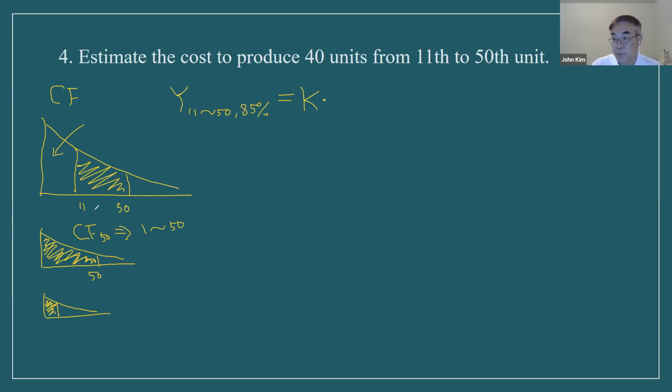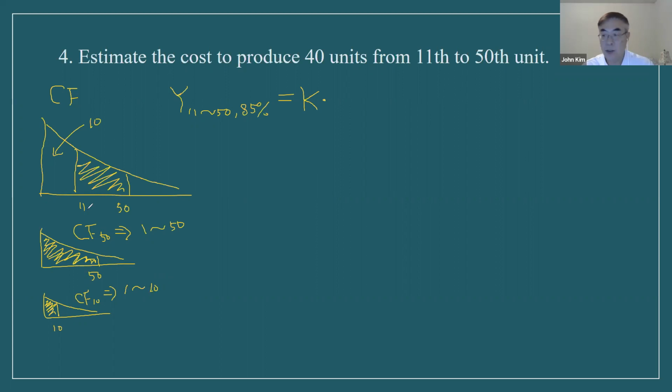We need from 11 to 50, so subtract up to 10. So this one is CF, cumulative factor, up to 10. That means 1 to 10.